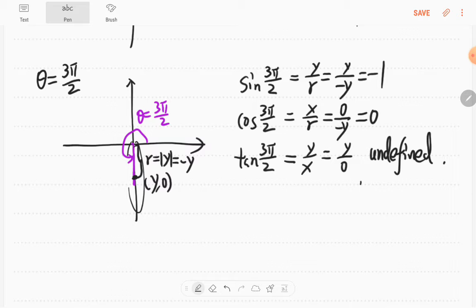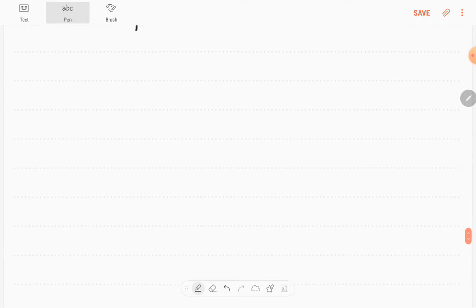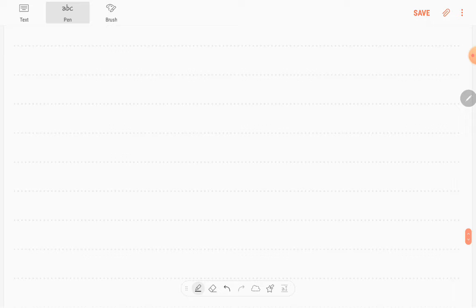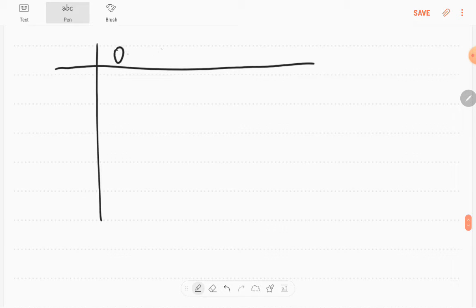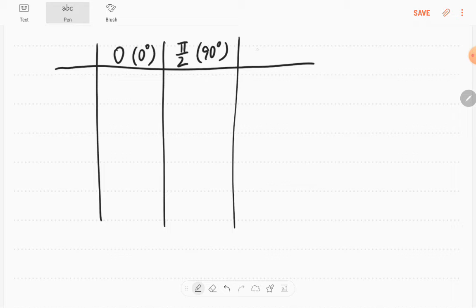So now let's summarize it. You also need to memorize these special angles. So we have 0, which is 0 degrees, pi over 2, this is 90 degrees, and pi, this is 180 degrees.